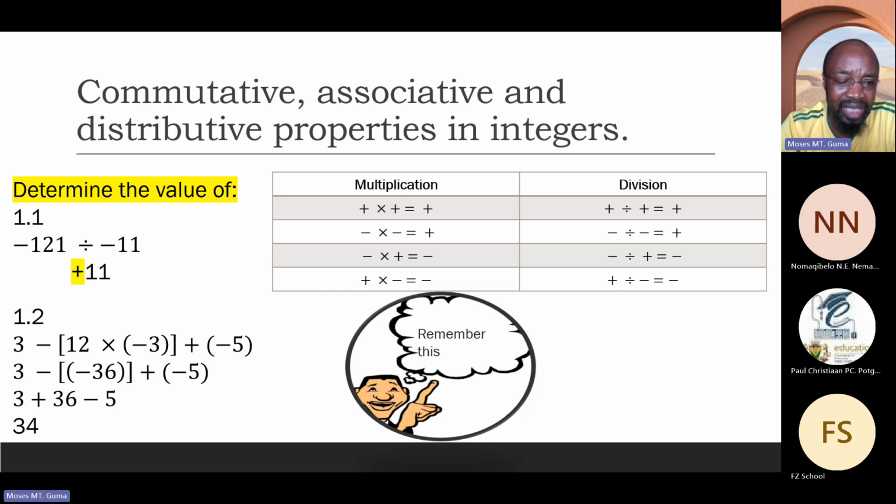If you have a minus and brackets, you have to multiply those two signs. I said a negative multiplied by a negative is a positive. You see, there's a plus bracket -5. We have to remove the brackets by multiplication. Plus multiplied by negative is actually a negative.